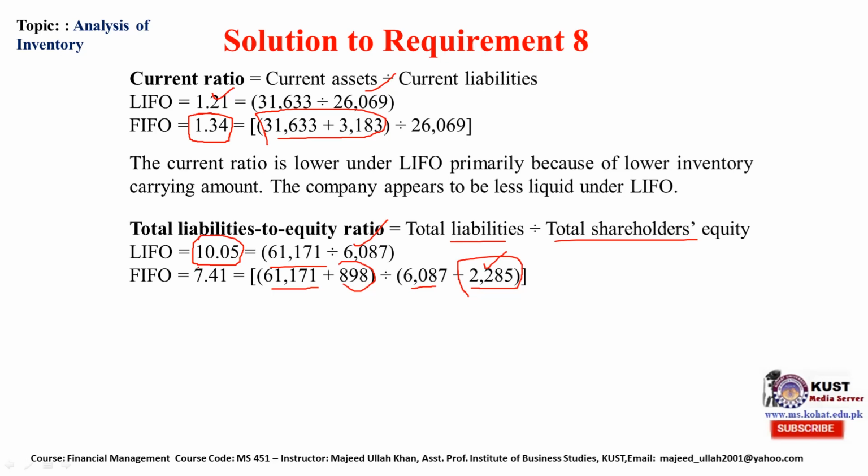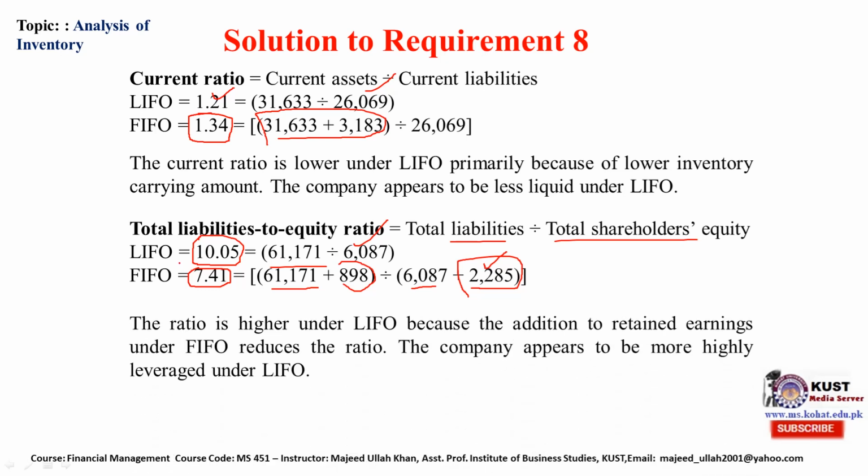It is 7, which means that we are using a higher equity as compared to LIFO method. So the ratio is higher under the LIFO method because the addition in retained earnings under the FIFO reduces the ratio. The company appears to be more highly leveraged under a LIFO method.